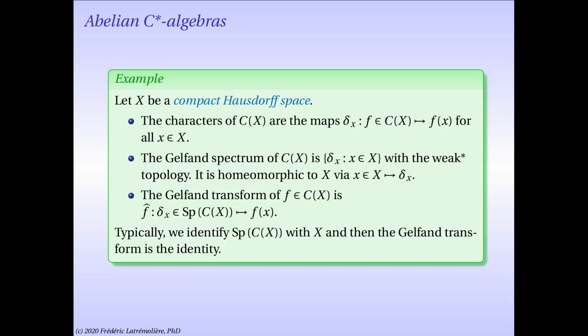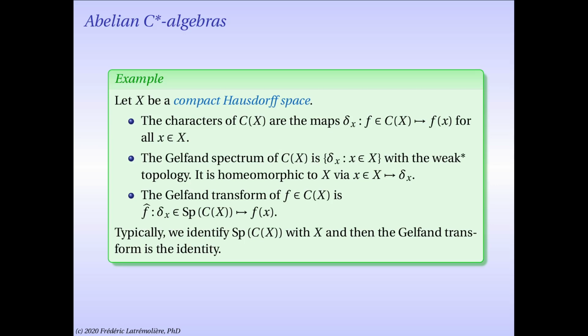So, to fix everything in a concrete setup, I'd like to see what happens in the example that I mentioned at the introduction, that is the special C-star algebra of continuous functions on a compact Hausdorff space. Alright, so what are the characters of that? Well, the characters we already discussed. We saw that they are essentially the points, or more precisely, they are the evaluation maps at the points, called delta x, for x a point in my space here.